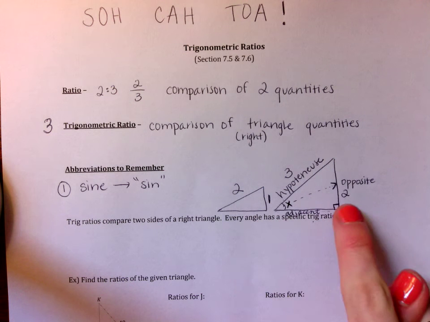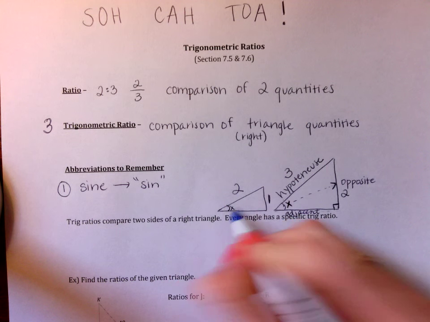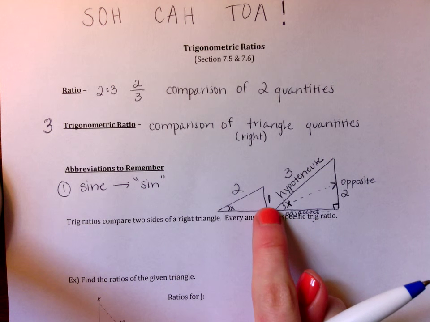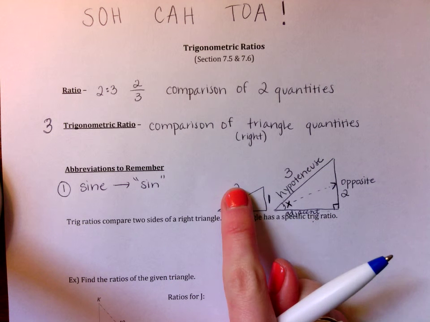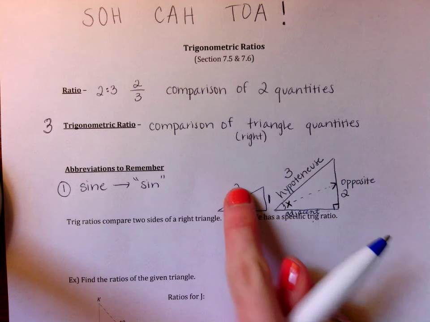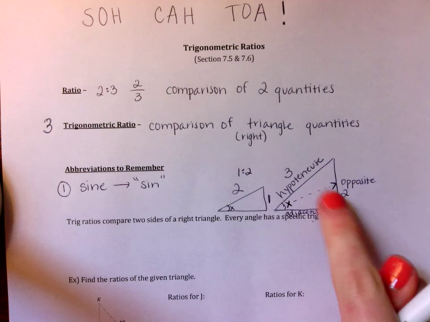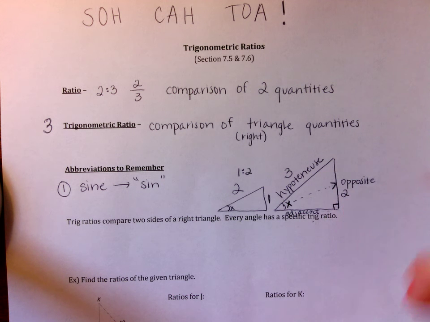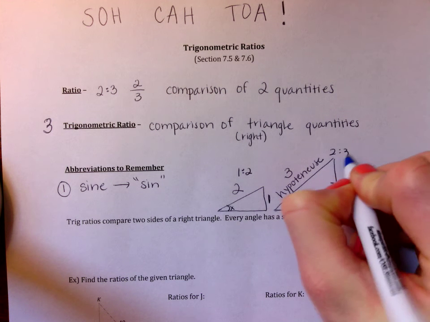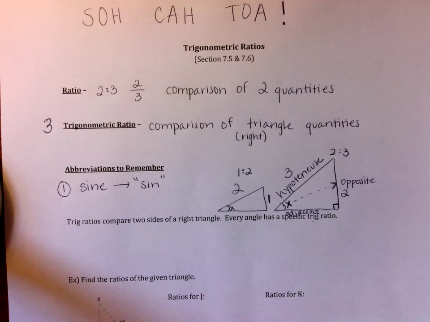So the ratio of the opposite side to the hypotenuse is different in these 2 triangles. This one, the ratio would be 1 to 2, and in this one, the ratio would be 2 to 3. So when we're talking about the 3 trigonometric ratios, we're talking about comparing sides.